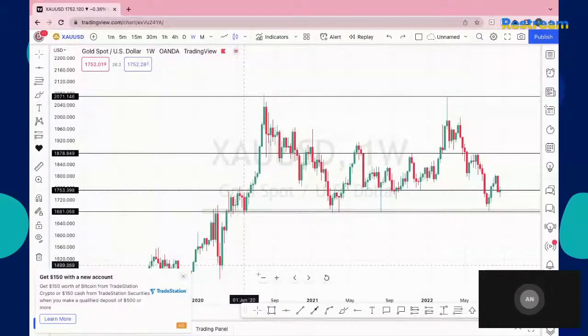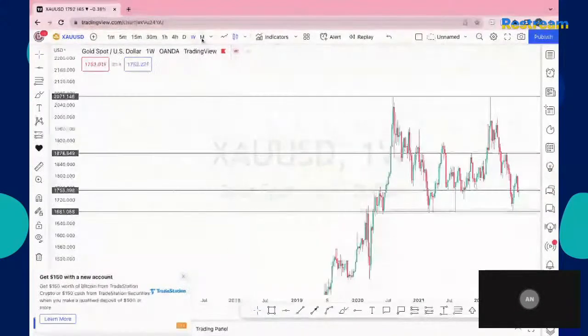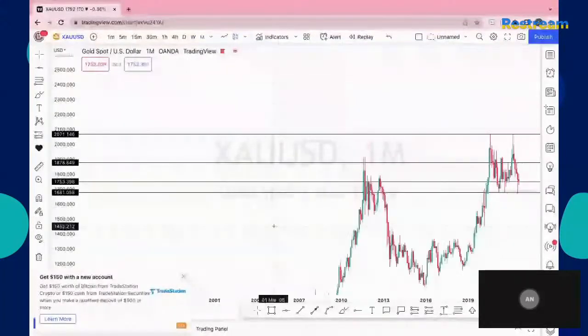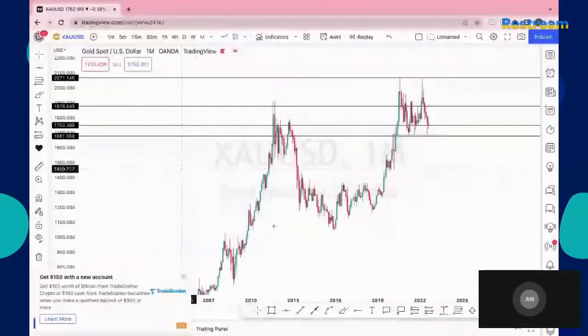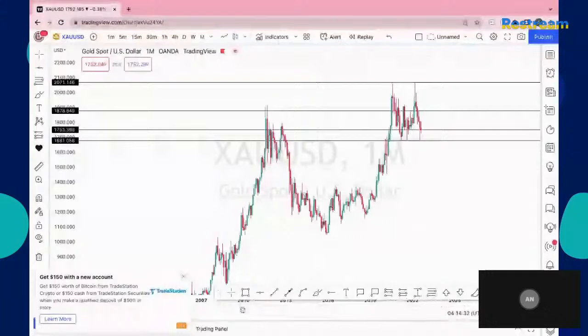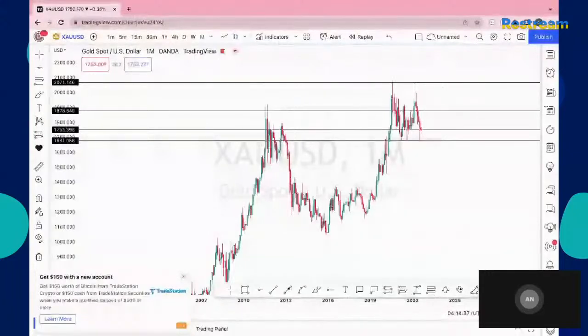If we were to look at how the market is moving, like monthly events, if you know your patterns, you'll see that here we have a cup formation.